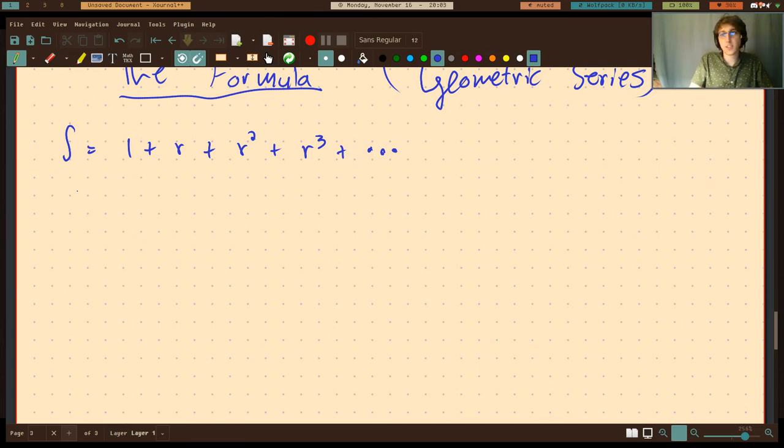So we're going to use the same arguments as before. There's a recursion relationship. If you want to get the next term in this series, you just multiply the one that came before it by r. And then there you go. So we say, well, what happens if we multiply every term in the series by r? We're going to get r plus r squared plus r cubed plus r to the 4th plus so on and so forth.